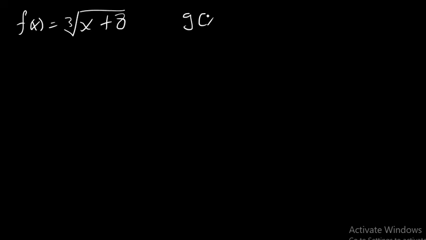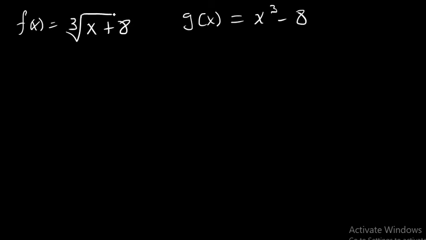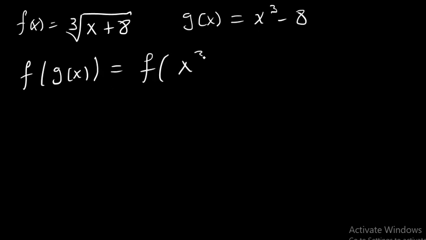And g of x is equal to x cubed minus 8. These two are given to us. Now let's check again f of g of x, which is f of, what's g of x? x cubed minus 8, which is equal to, we have to put this whole thing in the cube root. It's the same as cube root of x cubed minus 8.